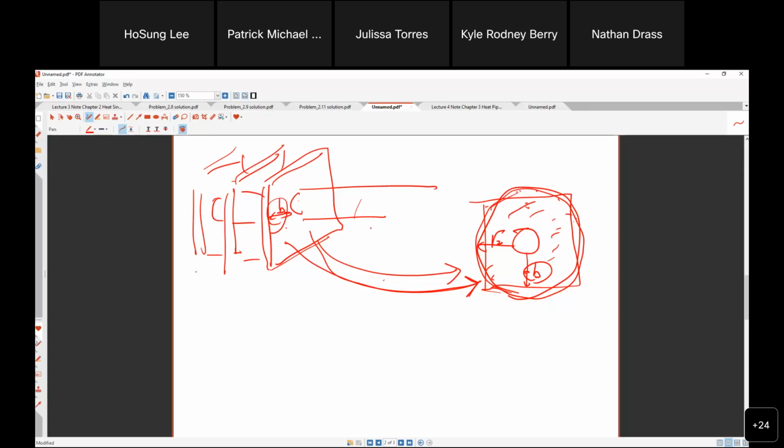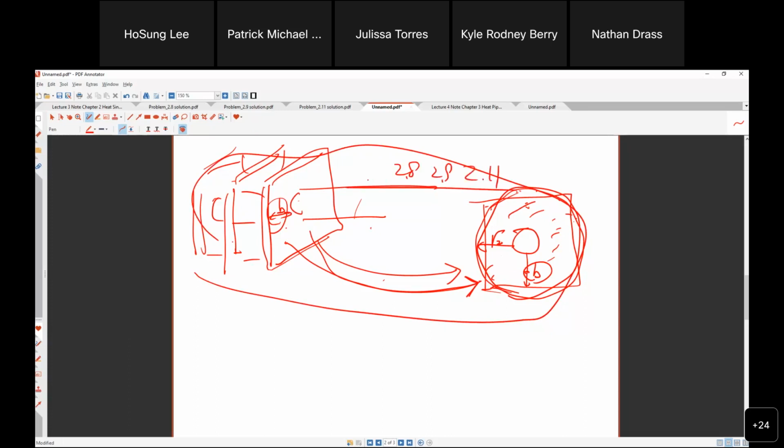There is an example in the book using this technique. I will come back to this problem, 8 to 9 to 11, before the midterm.